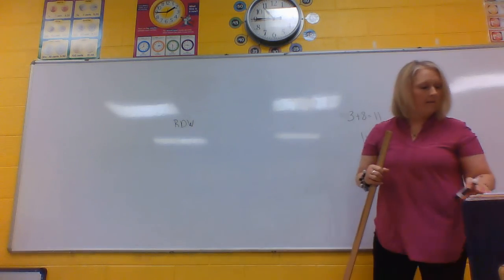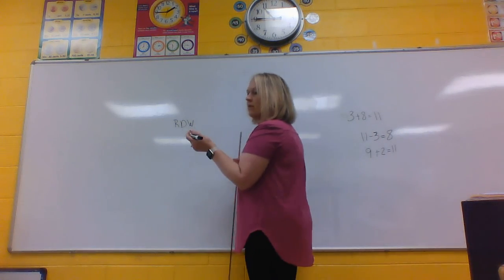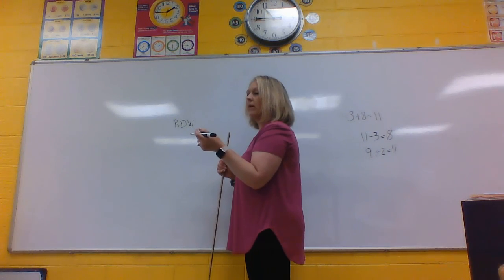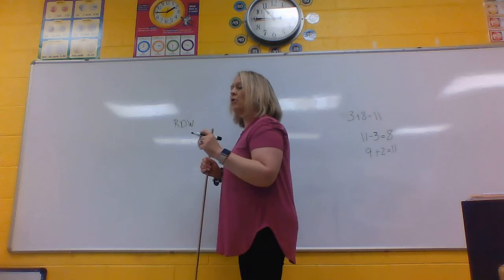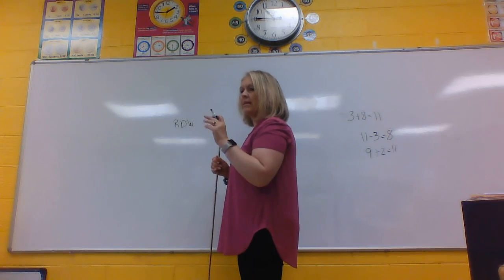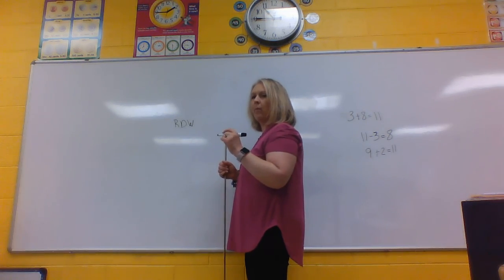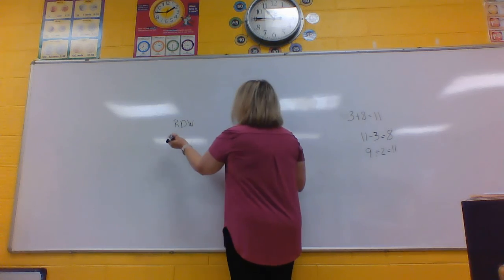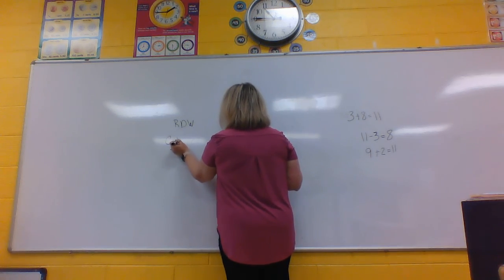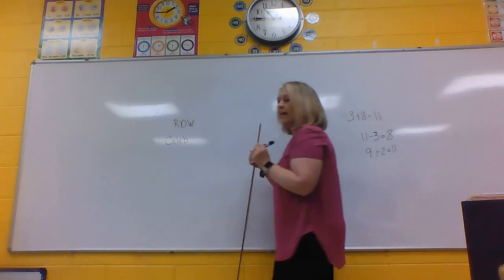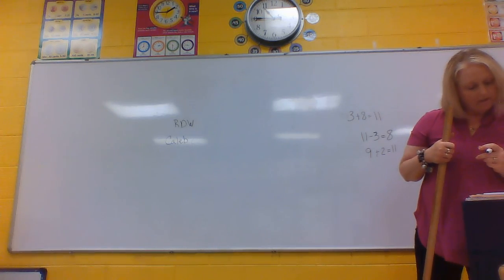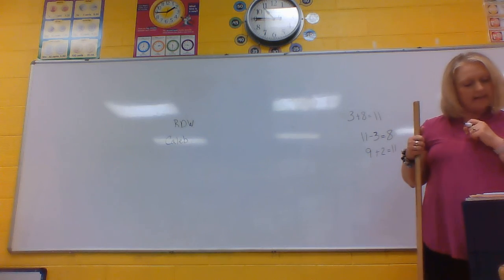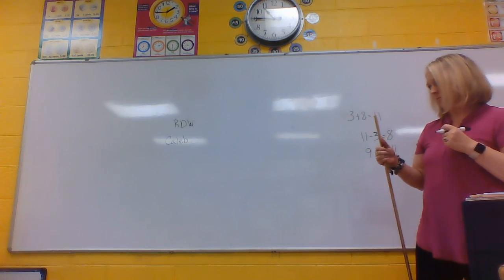Okay. So on your paper that you have in front of you, somewhere on that paper, let's practice this. So we have this boy named Caleb, right? Caleb has 37 more than Richard.